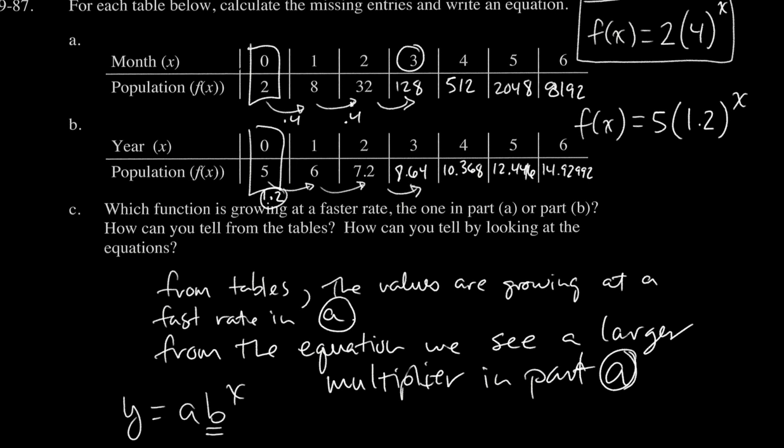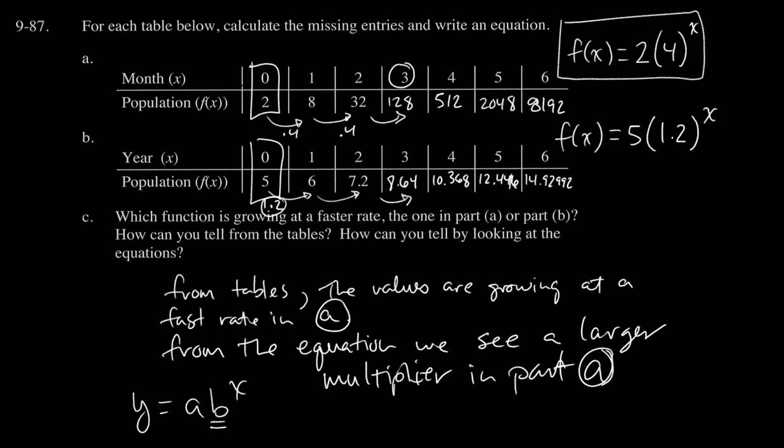And also I can see the multiplier just from consecutive terms. The 0th term is the only term where B is in the lead, right? After that, A just completely outstrips anything that's happening in B. All right, so that's the end of question 87.